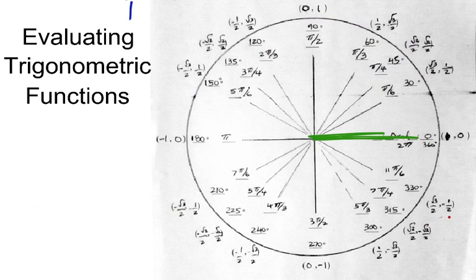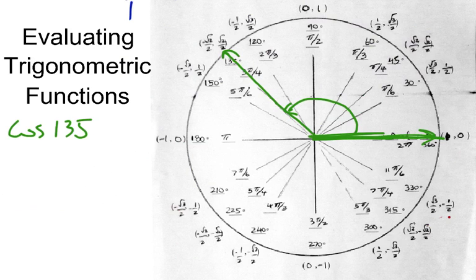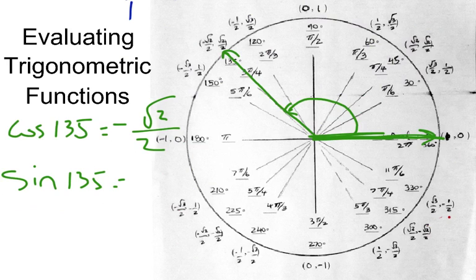Remember, you do it in standard form. Start from here up to 135. This is your initial ray and that's your final ray. That's your angle. Now, my cosine of 135, I look at the x value, which is negative square root 2 over 2. Sine of 135, I look at the y value, square root 2 over 2. Done.